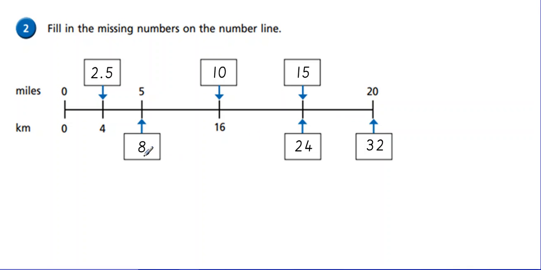Yeah, or it's going up in 8s here, isn't it? 8 kilometres. So you've got 15 miles, which is equivalent to, well, as near as 24 kilometres. Then your 20 miles is approximately 32 kilometres. Check your answers. Well done if you got that one correct.